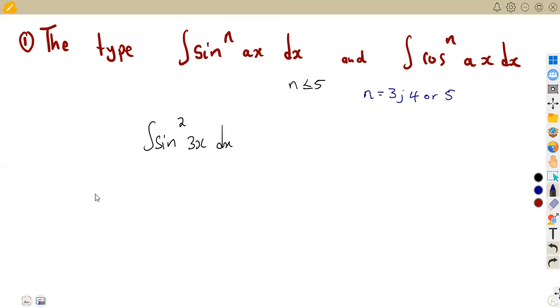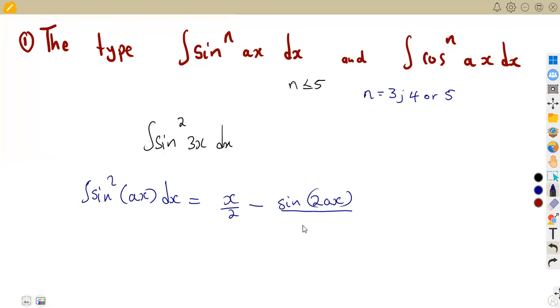We saw that the integral of sine squared ax with respect to x is given as x over 2 minus sine 2ax over 4a plus c, from our formula sheet.